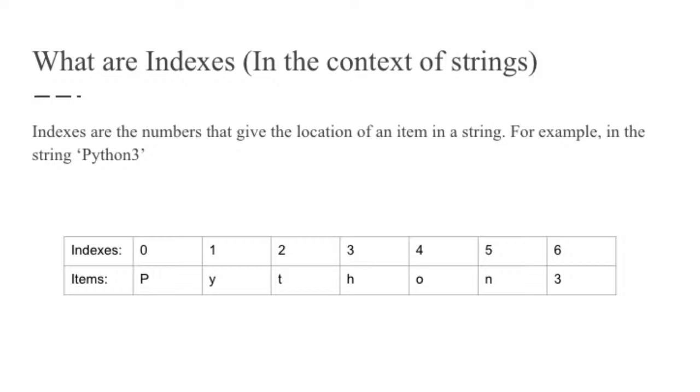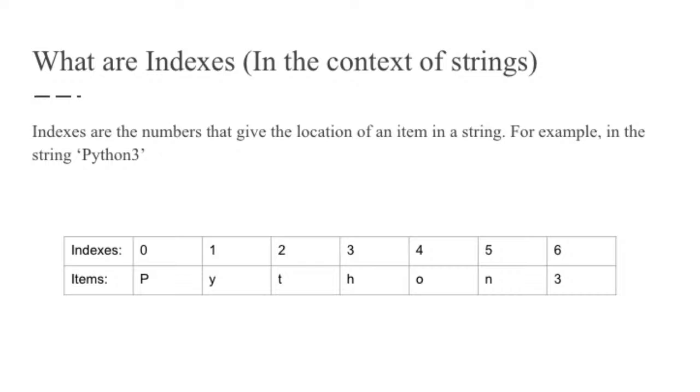All of these are items, and all of these are the indexes. As you can see, I formatted it in this table. If I want to find the item of index 3, you'll find h. Item of index 6, you'll find 3.